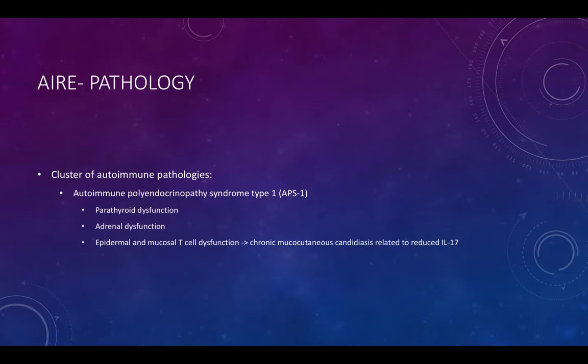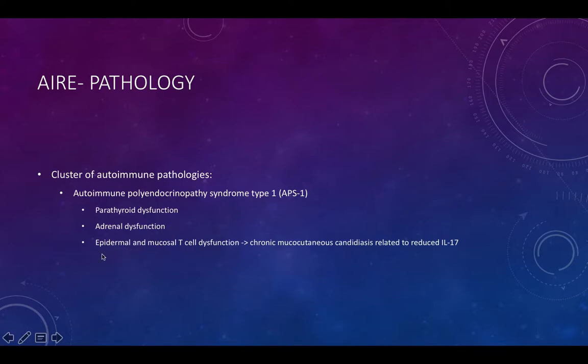Glomerulosa is your, what's it called again? Aldosterone. And then your fasciculata is your cortisol, and then your reticularis is your sex steroids. So you can develop a variety of problems related to autoimmune adrenal function, pertaining to your blood pressure regulation via the aldosterone, or your cortisol, or your sex steroids.